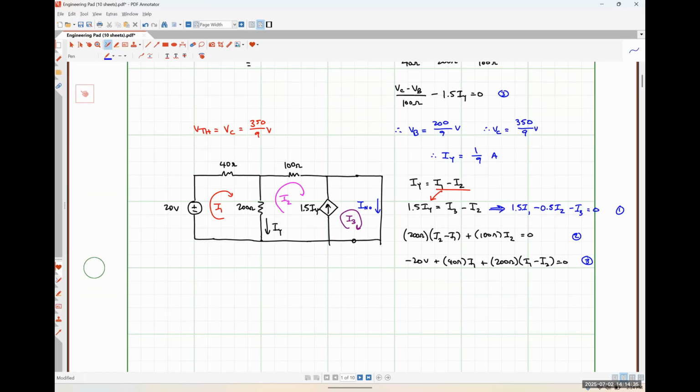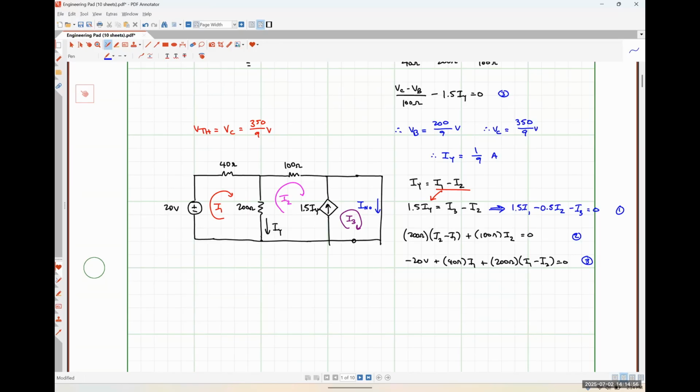So putting this into my system solver, in my first equation, my coefficient for I1 is 1.5. My coefficient for I2 is negative 0.5. My coefficient for I3 is negative 1, and my constant term is 0. In my second equation, my coefficient for I1 is negative 200.